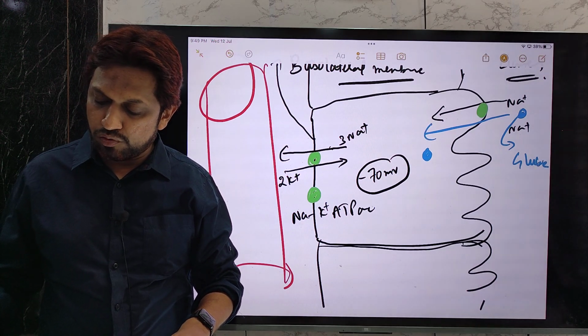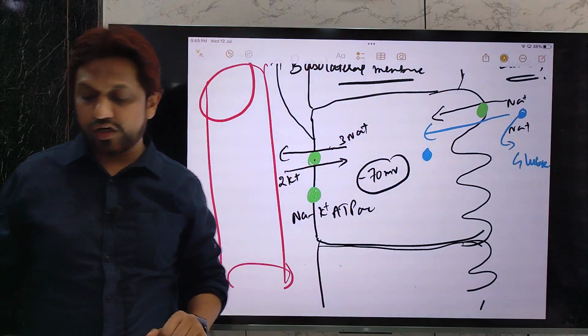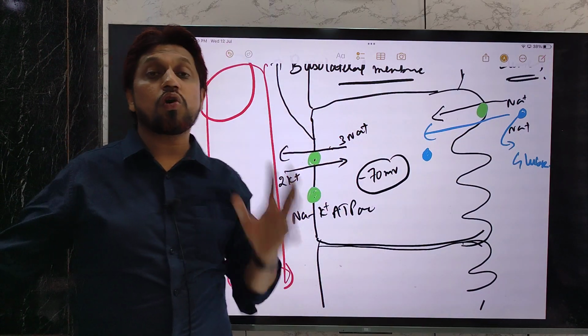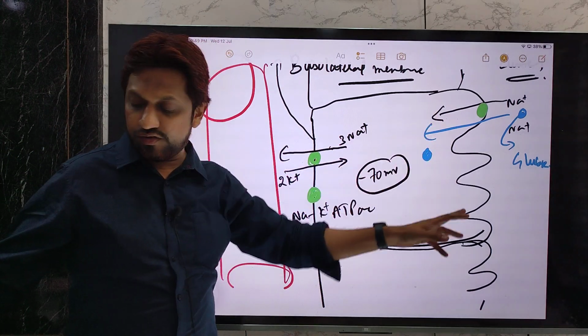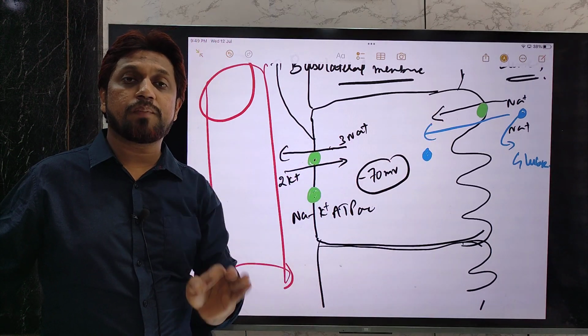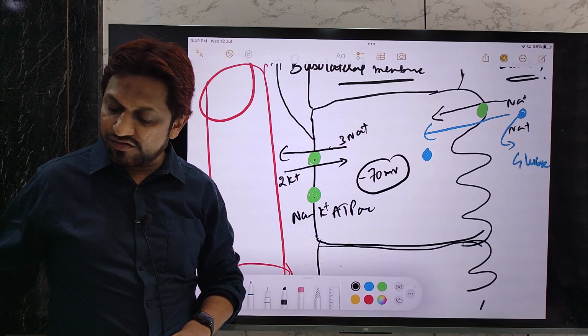This is the glucose molecule, in blue color, which is present in the lumen of the proximal convoluted tubule. This is called co-transport, and this transporter is known as the sodium dependent glucose co-transporter, termed SGLT.